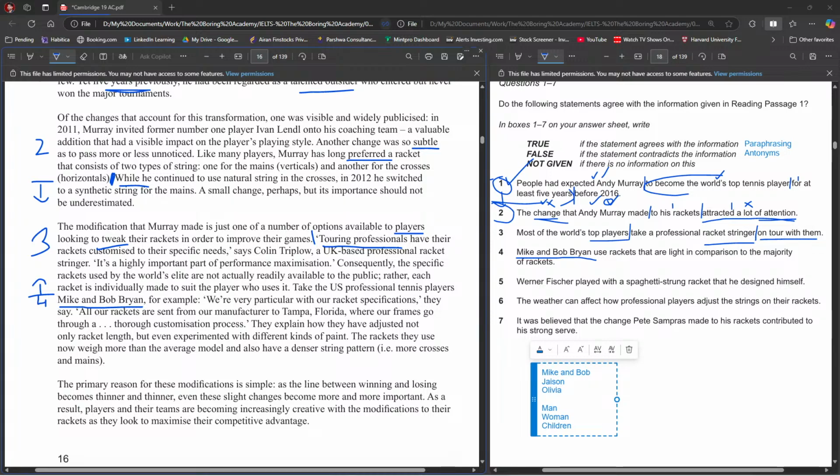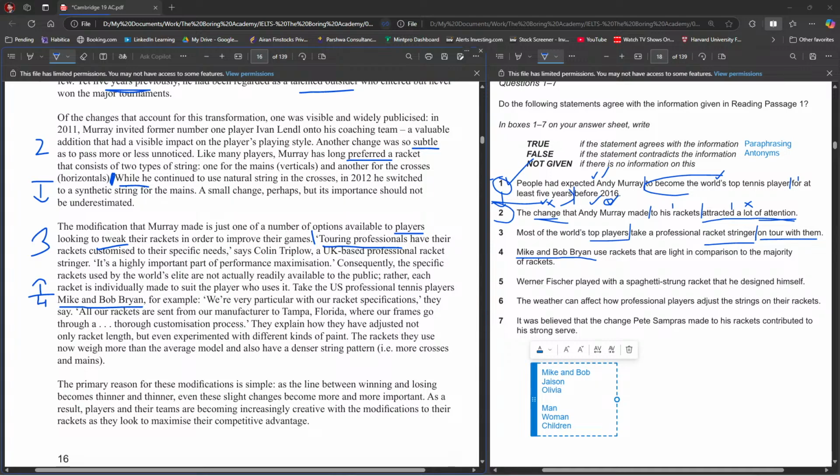It's a highly important part of performance maximization. Consequently, the specific rackets used by the world's elite are not actually readily available to the public.